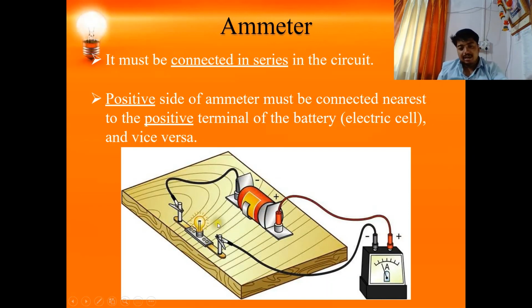Now the circuit is complete. As you can see, the positive charge comes here, goes into the ammeter, comes out, then goes into the bulb, and finally goes into the battery, and the circuit is completed. Here the ammeter is connected in series with the component. Hence we are able to study how much current is flowing through the circuit.